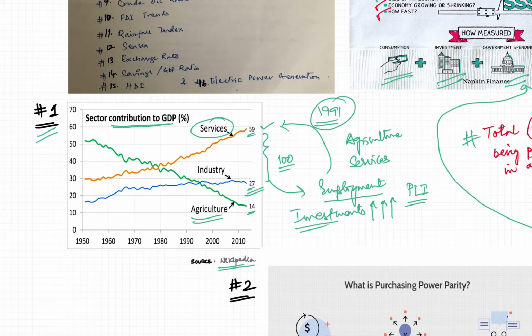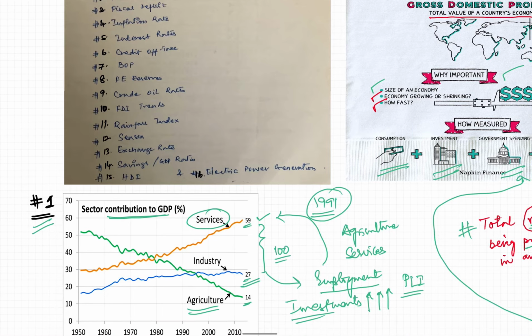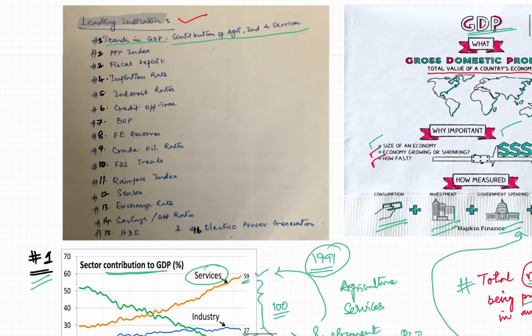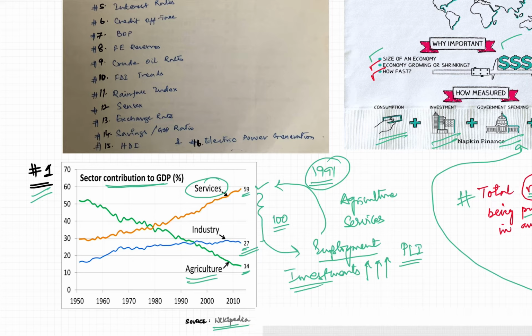What I'm trying to say is that these are the three sectors which contribute to the GDP. If you take the industrial sector, unfortunately, in the 1950s we had come up with industries, but most of the industries were concentrated in the hands of the government.